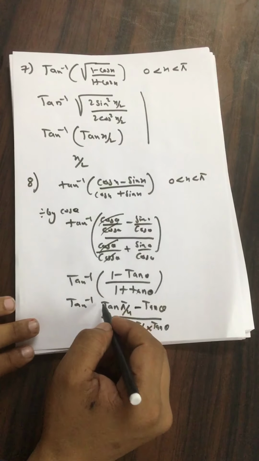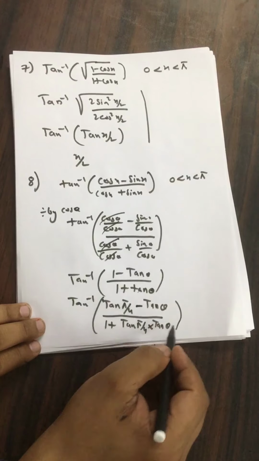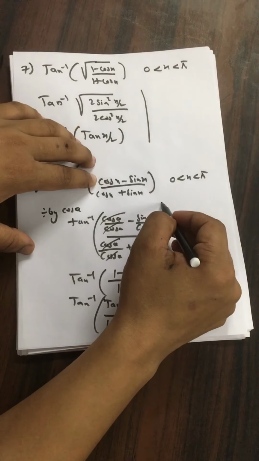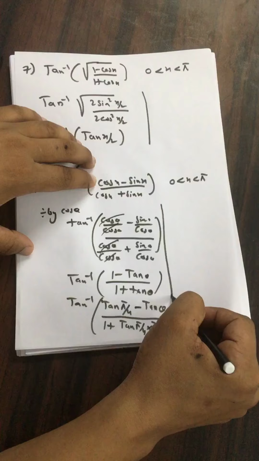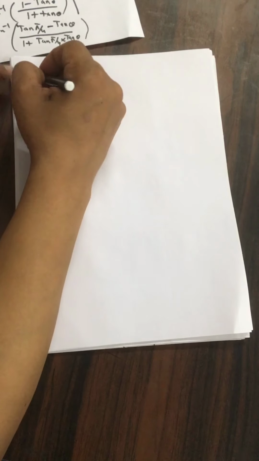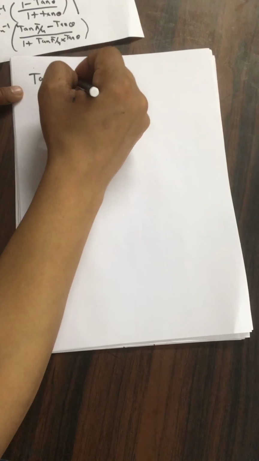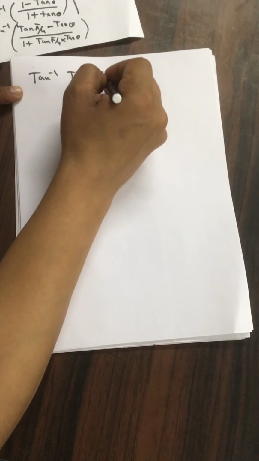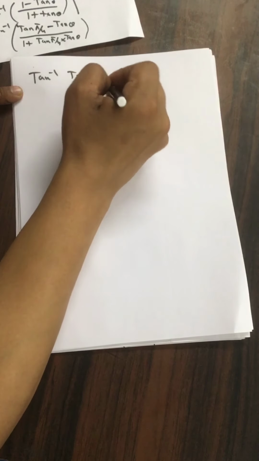Done. So, this whole becomes the formula of tan of pi by 4 minus x. Let me move to the next page. So this becomes tan inverse tan of pi by 4 minus x.